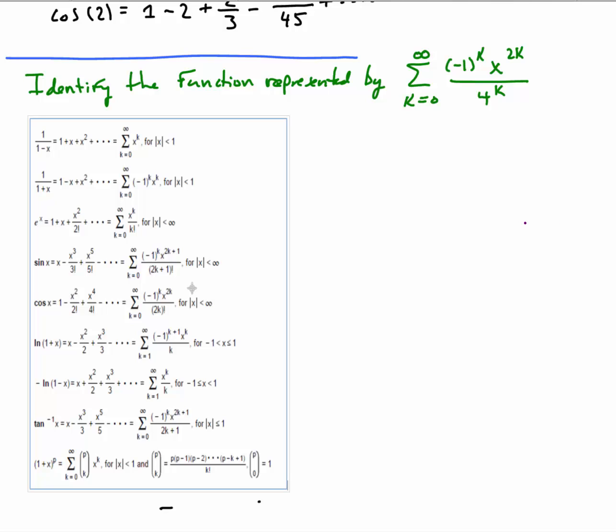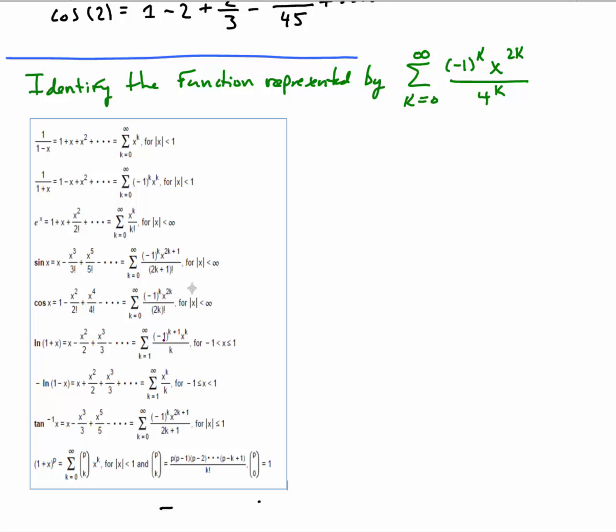So as I look at the different series here, the first thing I note is I don't have a factorial. So if I don't have a factorial, it looks like I can throw out this option because there's a factorial. This one has an exponent of a k. This one has no exponent of a k.